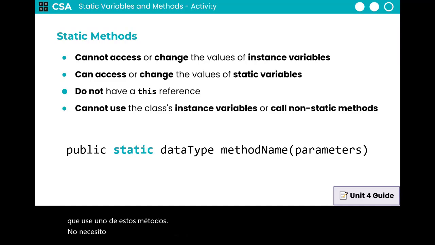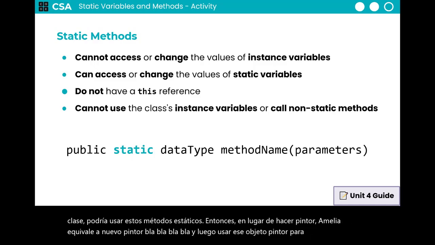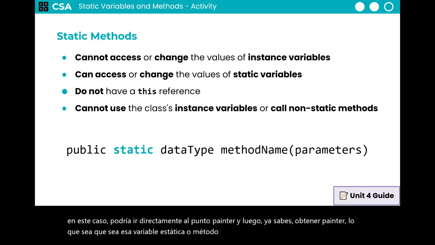If I just want to call a method that's associated with the class, I could just use these static methods. So rather than doing Painter Amelia equals new Painter and then using that painter object to call the method, I could just go straight to Painter dot and then getPaint, or whatever that static variable or static method might be. So it does make it a little bit faster.